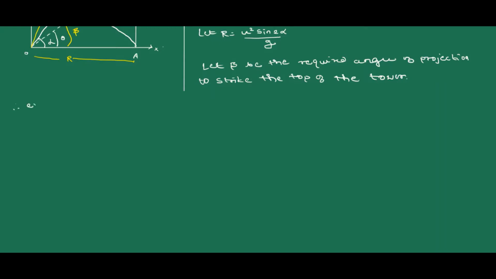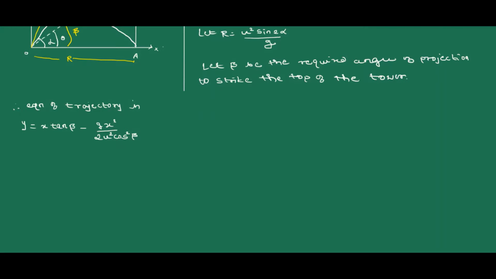Therefore, the equation of trajectory, or the equation of path of the projectile, with angle beta we can write y is equal to x into tan beta, because beta is the angle of projection to strike the top of the tower. Therefore, the equation of path with angle beta is y is equal to x tan beta minus gx square divided by 2u square cos square beta.